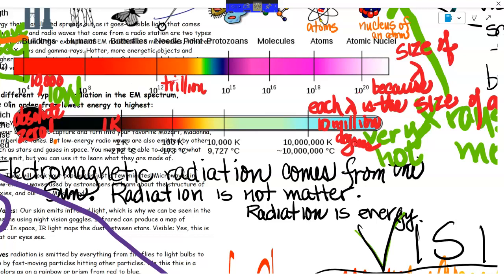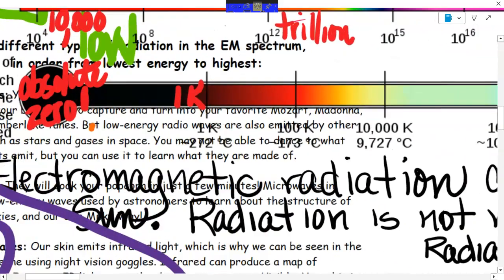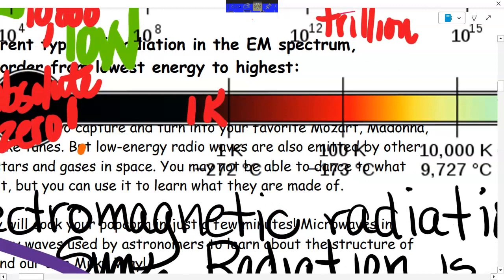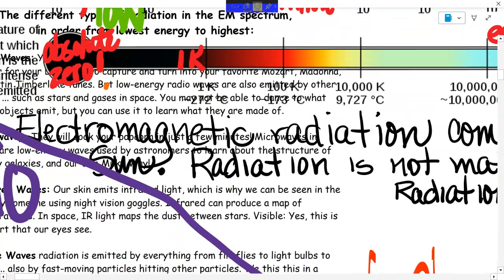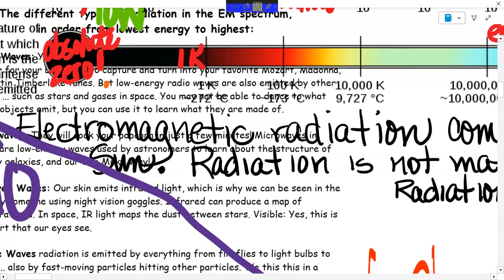So the places in the universe that produce radio waves and microwaves are very cool places. Outer space is down here in the black area, about 1K on average, which is why it's not only the lack of air that would be a problem if we were out there floating in space, it would be ridiculously cold. We would freeze.